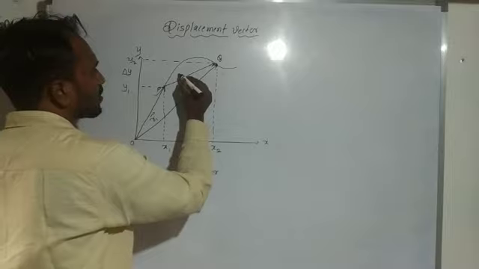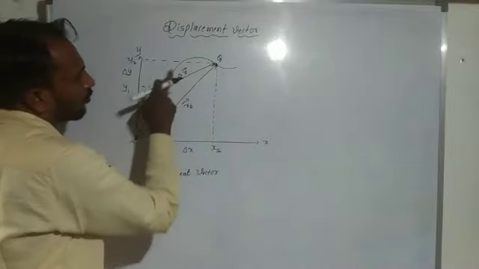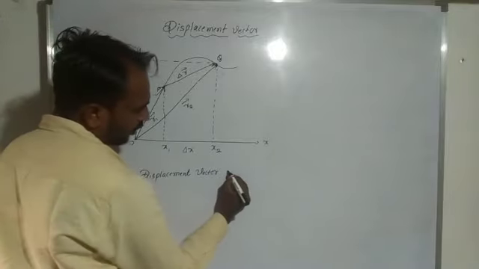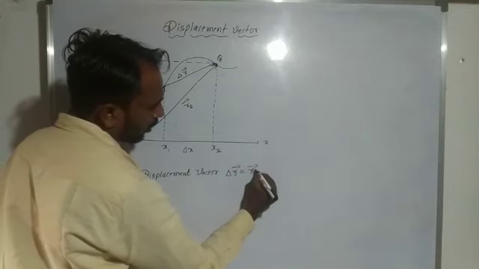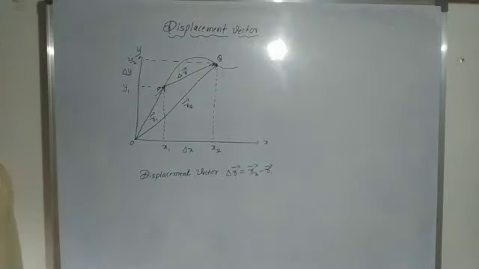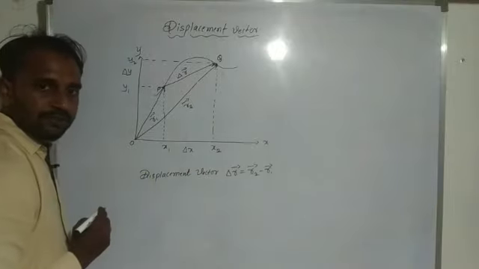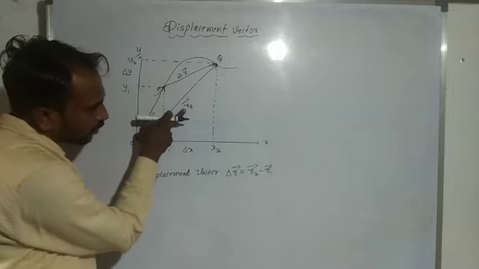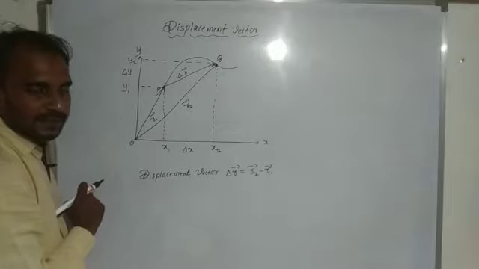So the displacement vector, delta vector r, is equal to vector r2 minus vector r1. Position vector r2, we already know, has components along the x-axis and the y-axis.